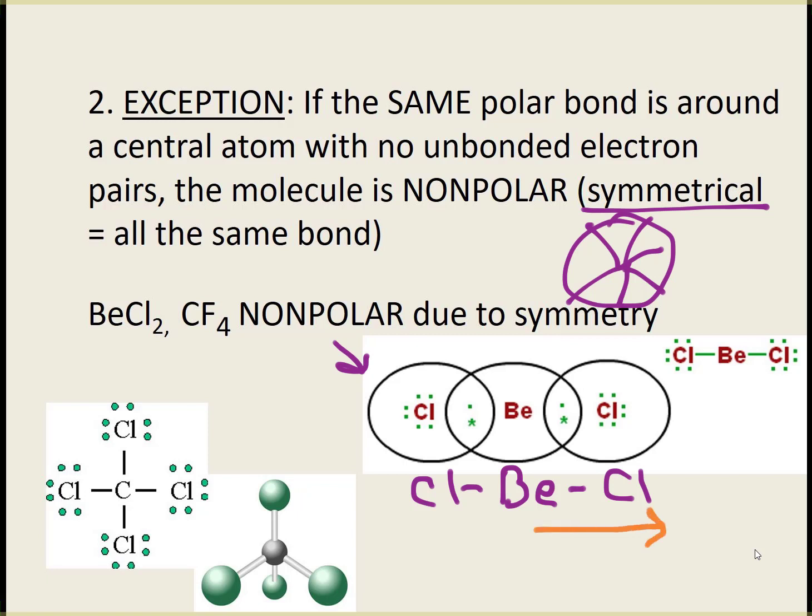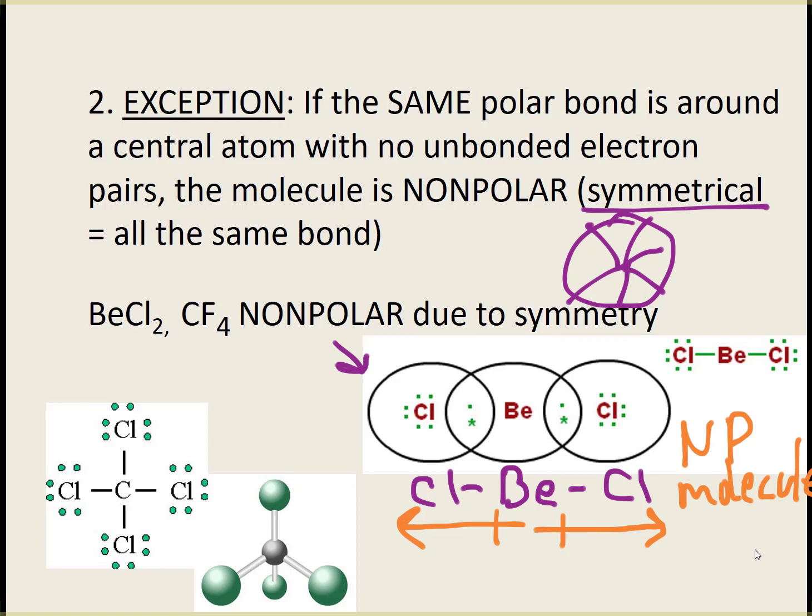So I'm going to get a polar bond coming out this way, and I will get a polar bond coming out the opposite way. And because I have the same bond all the way around, this is a vector quantity and they will end up canceling each other out. So this will be a nonpolar molecule that has polar bonds in it.